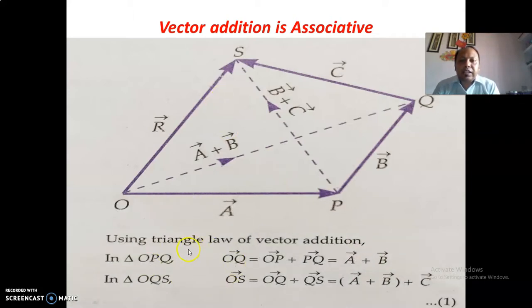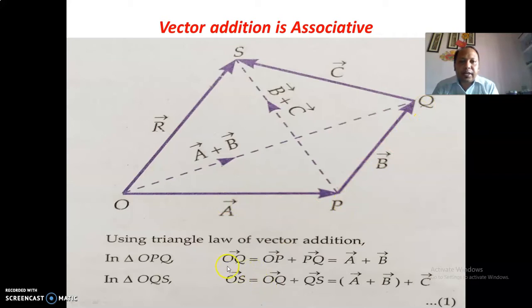First of all, we will use the triangle law of vector addition and we will consider the triangle OPQ. Now we'll use the triangle law of vector addition, which is the resultant here is OQ, which is the resultant of vector OP plus vector PQ.